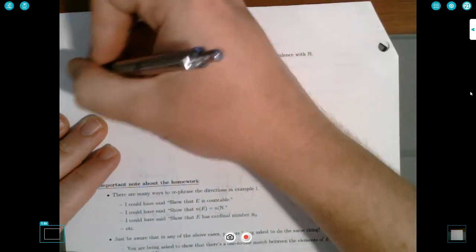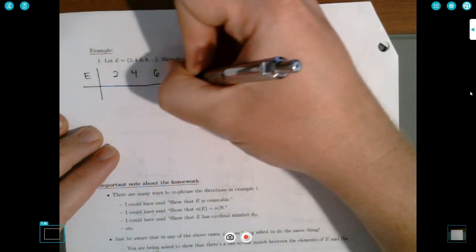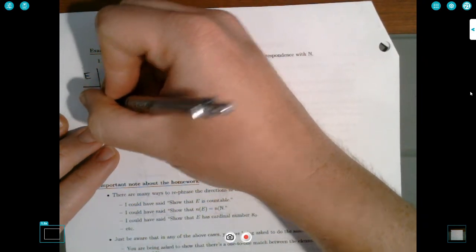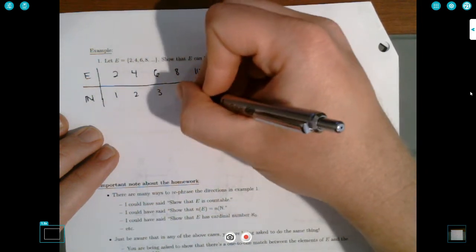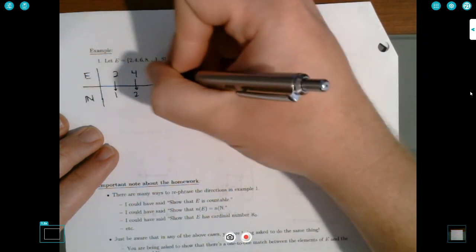This was E. You can even make a little chart out of it. And then I'm going to write the elements of N down here: 1, 2, 3, 4, 5. And I can show that we can match these up like that.